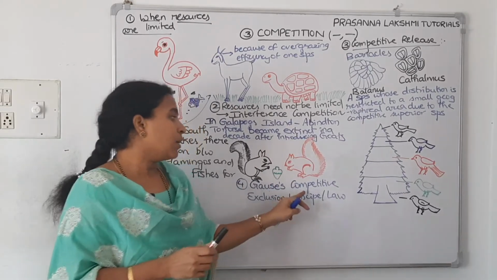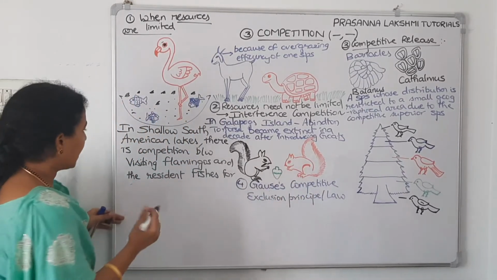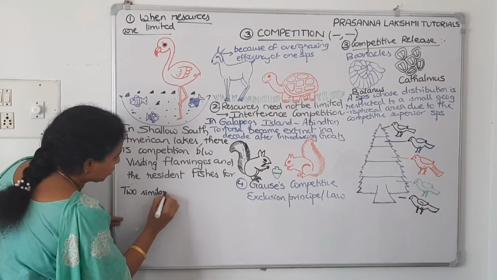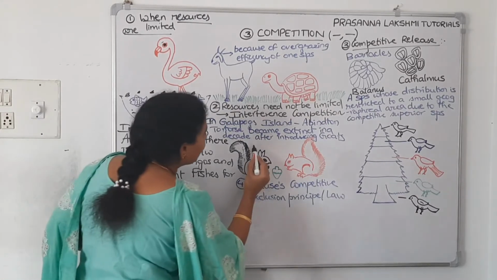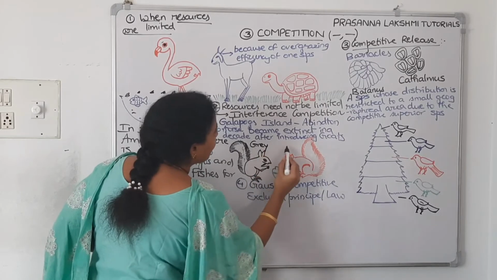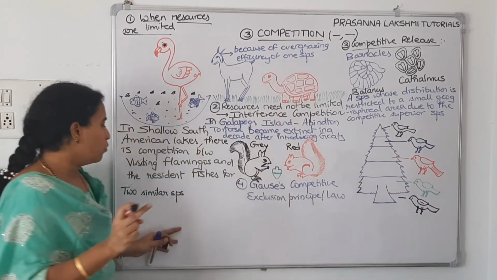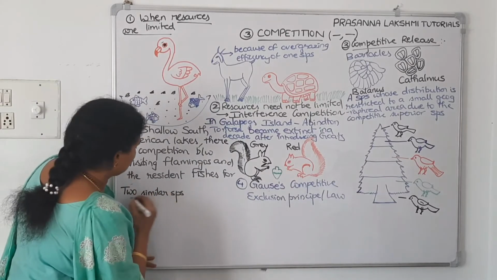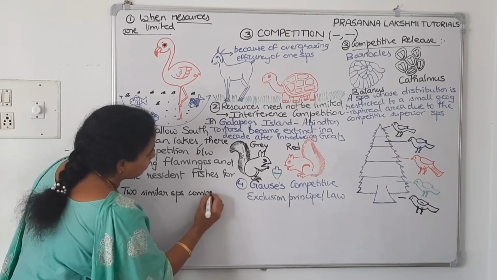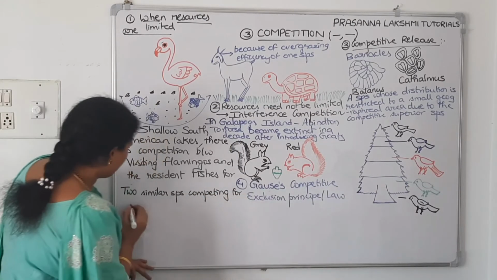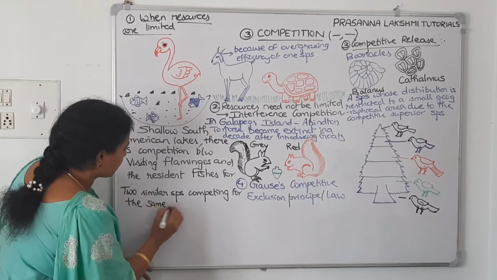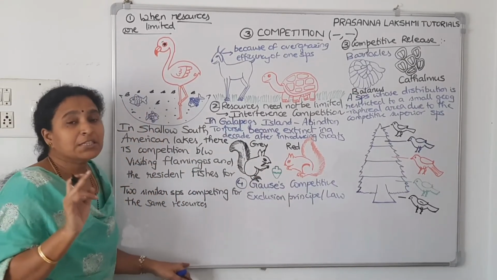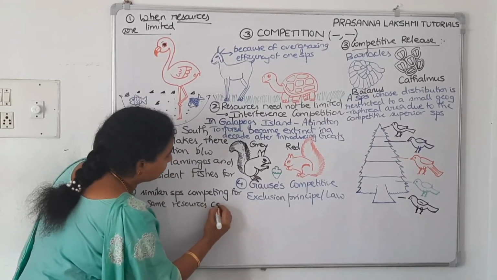Now let us write down what Gause's competitive exclusion states. He tells that two similar species, one is the grey squirrel, the other one is the red squirrel, two closely related similar species competing for the same resources, both competing for the hazelnut, cannot coexist, he will tell.